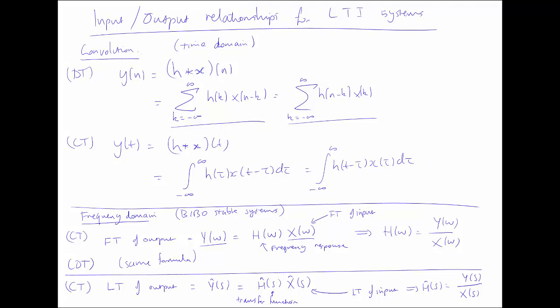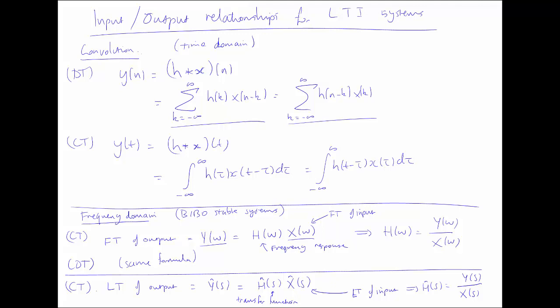Okay, so this allows us, if we're given two pieces of data, the impulse response and the input, or the impulse response and the output, to find the third piece of data by moving to one of these frequency domain representations, and using this relationship that the Fourier transform of the output is the product of the frequency response and the Fourier transform of the input, or the Laplace transform of the output is the transfer function times the Laplace transform of the input.